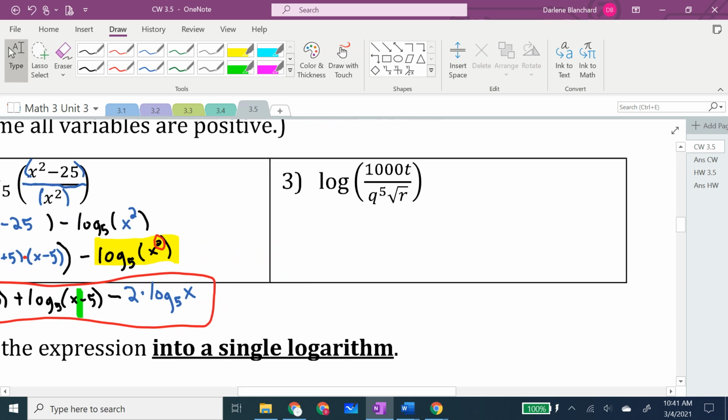And then number 3. For number 3, I'm going to start with the division. So I have the log of the numerator minus the log of the denominator.